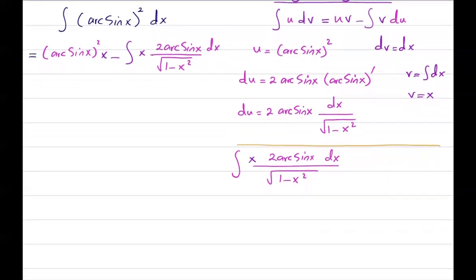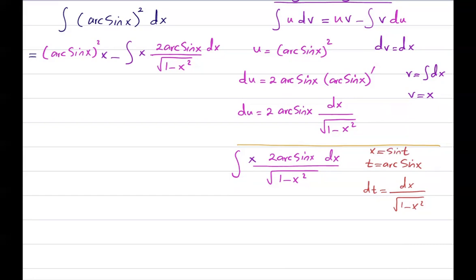If t is equal to arcsine x, we know that dt is equal to dx divided by square root of 1 minus x squared, which we already have, all right? But what happens to x itself? So since t is equal to inverse sine of x, x is sine of t.